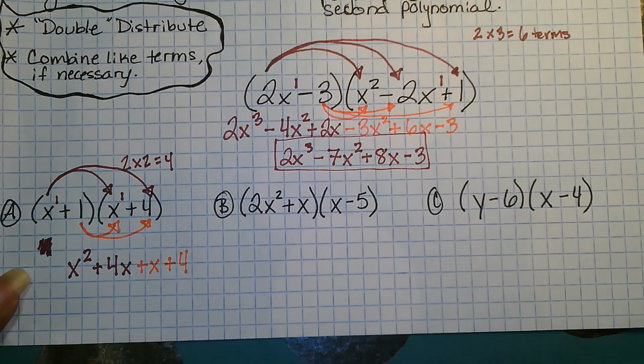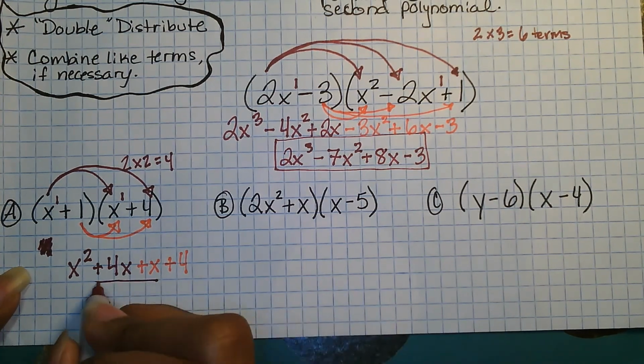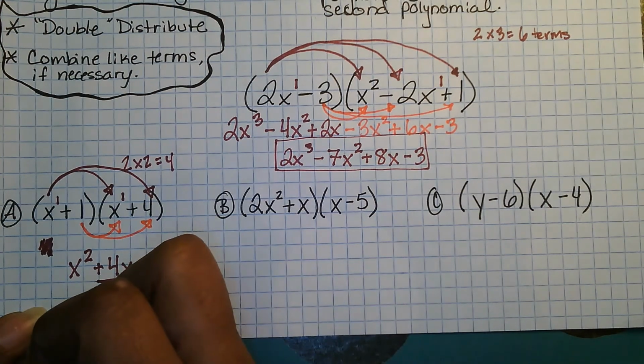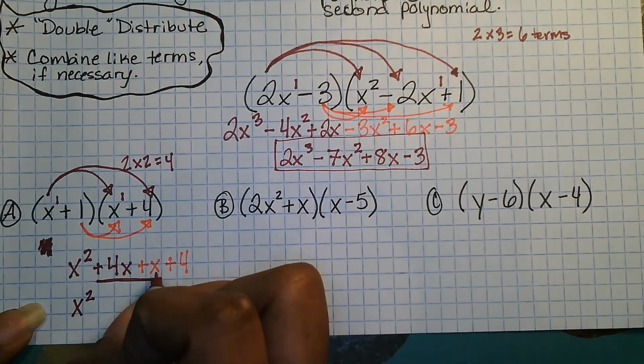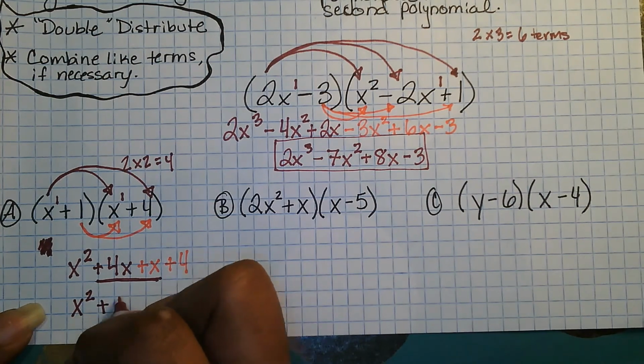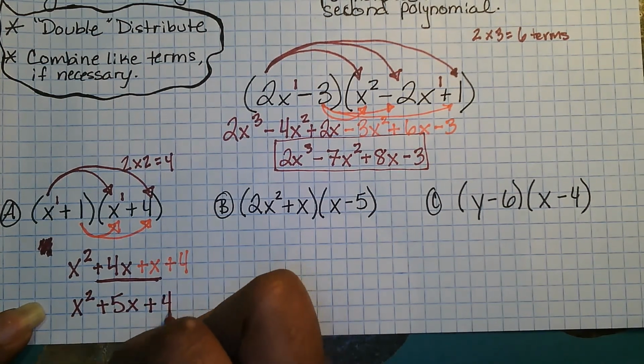Okay, so after we multiply, our next step is to combine like terms. The only like terms I see are right here, the x's. So x squared comes down, 4x plus x is 5x. And then our constant goes last.